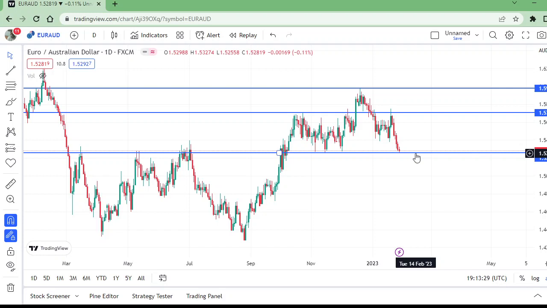But there is another problem that the Australian economy is facing now. That is the problem of shortage of labor. And second, other economies have inflation, but their target is also very important for their economies.